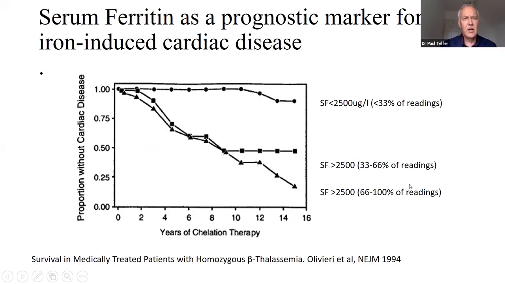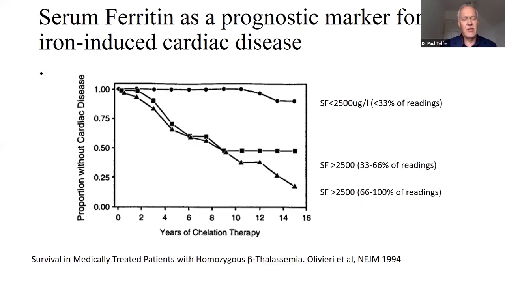Next slide. Well, ferritin, you'll all know, is a blood test that is widely available and has been used for many years as, I would say, the primary means of monitoring iron overload, and particularly monitoring the trend in ferritin over time.